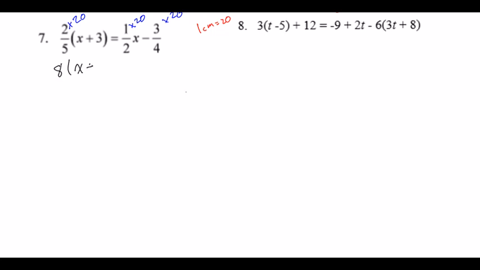And then you're left with x plus 3 equals, well, 20 divided by 2 is 10x minus 15. So now we're back to distributing 8 into our x and plus 3, and we're left with 8x plus 24 is equal to 10x minus 15.